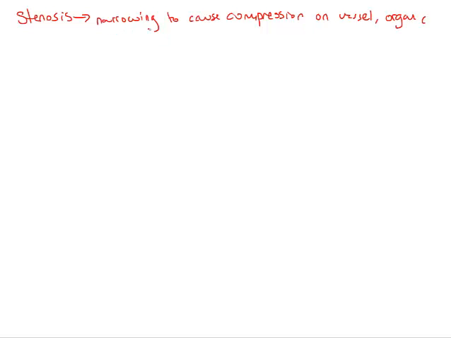Either way, let's go over the big ones. This is the stenosis. So what is a stenosis? Stenosis is essentially narrowing to cause compression on any vessel, or really any organic tubular tissue, like a spinal cord, right?